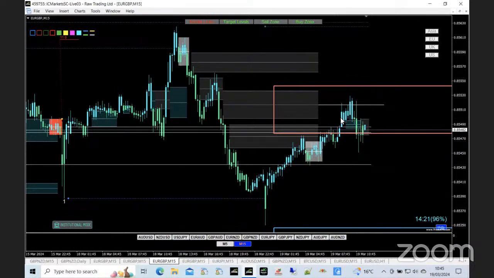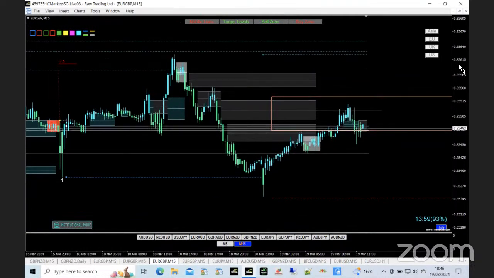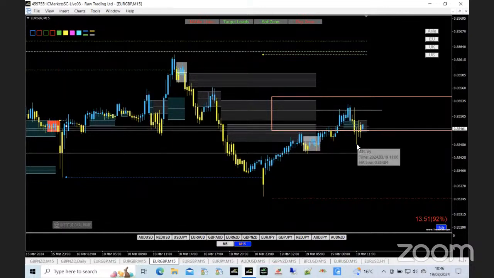Let's see this one. This one is now, for example, on the Euro GBP, you can see that we have a box here. It broke up, went to these lines. So there's a potential for this to go down as well. Me personally, I would prefer the Euro GBP to go down because of going to the fair value gap, and it already started showing signs of wanting to go down.